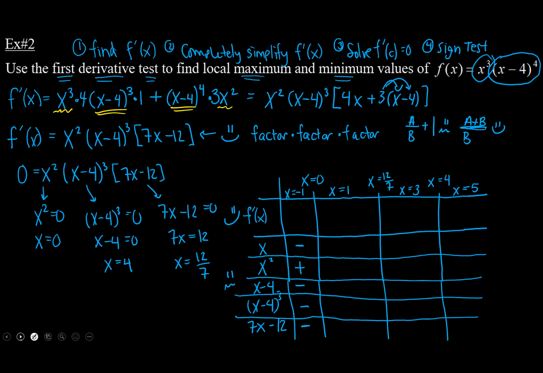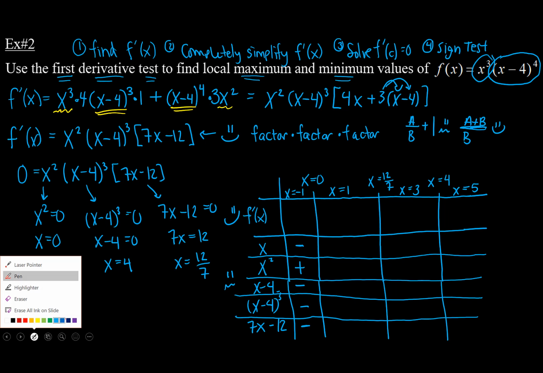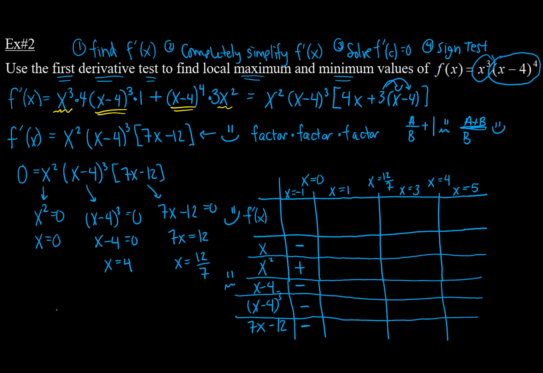Now if I look at the cumulative value, I have a positive times a negative times a negative. So the cumulative sign here will be positive. And I'm at the bottom of the screen, let me see what I can do to erase that.